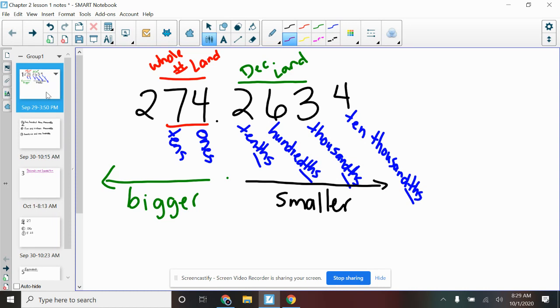So your brain wants to think, oh, 10,000s has to be bigger than tenths, but not in decimal land. Because if the further away we get from the whole number land, then that must mean the numbers that are further away are getting smaller and smaller and smaller of a whole. So that's a tricky thing, but we have discussed that and we did work on that. Is everybody good with that?